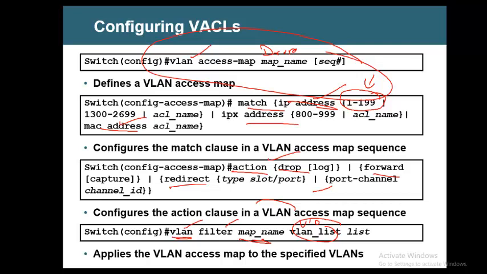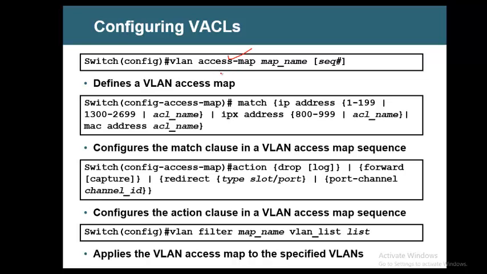Let me repeat the steps again. You create an access map, and then we call a layer 3 access list, or you can call a MAC access list. You can also have a MAC access list where you have the source and destination MAC address.